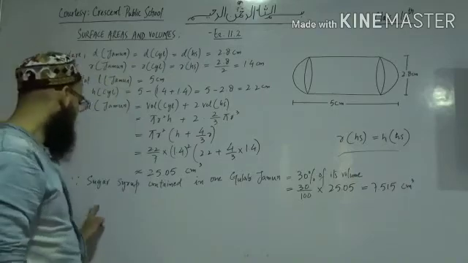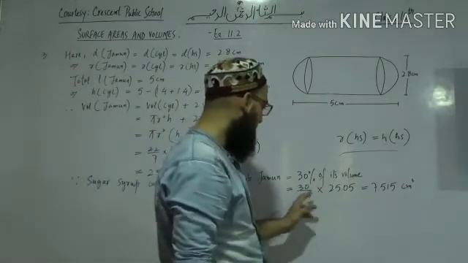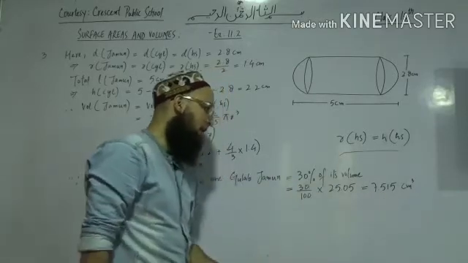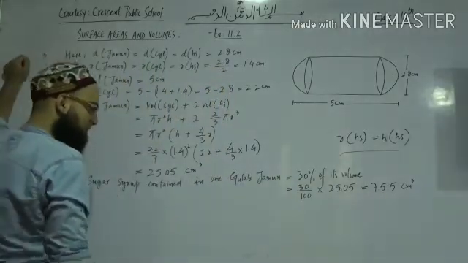So the sugar syrup contained in 1 gulab jamun is 30% of its volume, that is 7.515 cubic centimeter.